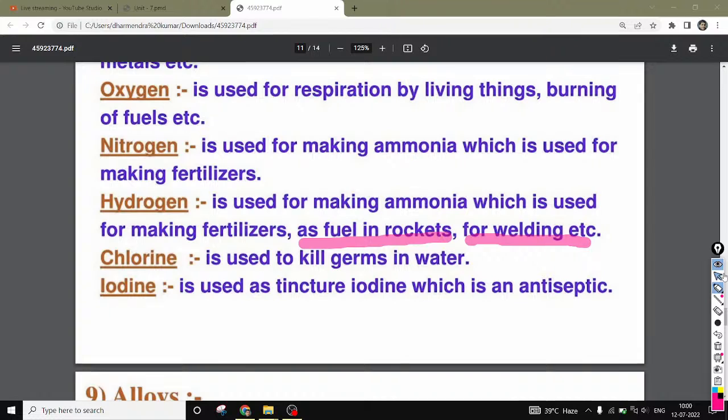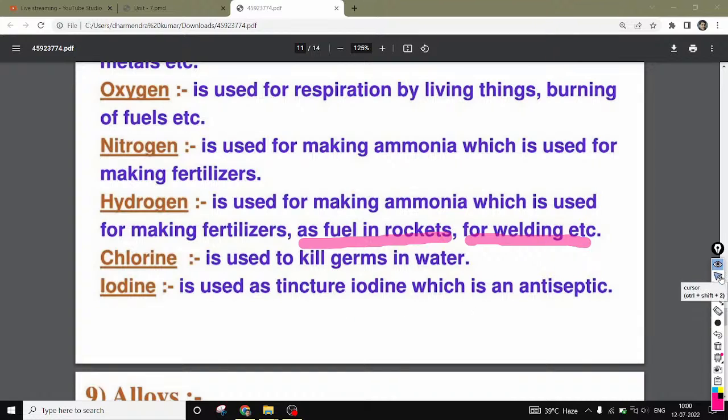And as you know, bleaching powder, CaOCl2, contains chlorine, and it is also used for cleaning water.